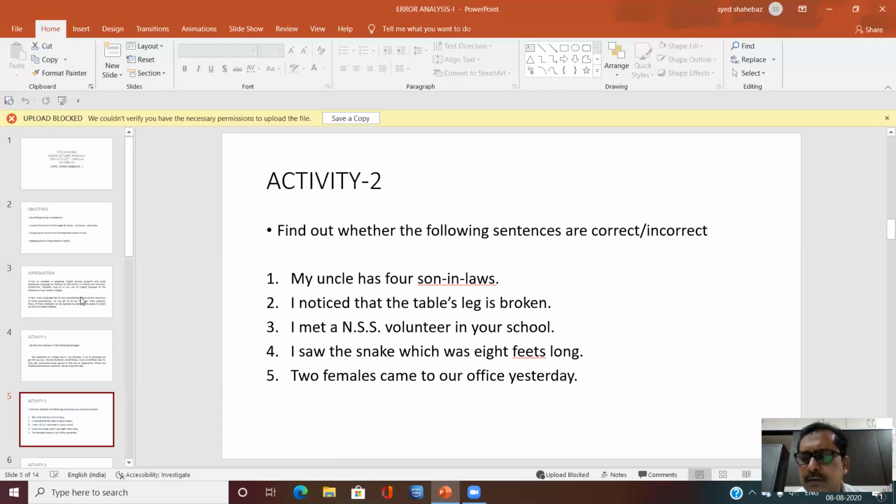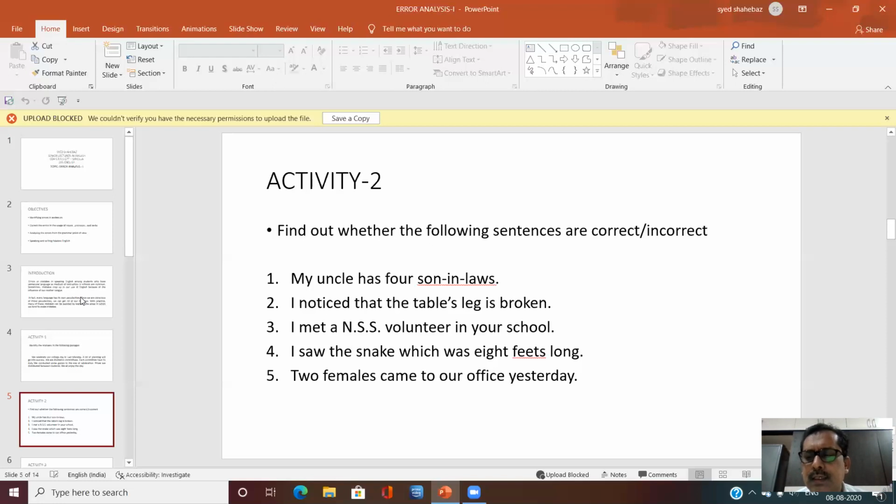While filling the application forms, in the column sex, we write male or female. So it directly refers to the gender. It is rude to use the word in this context. It is improper to use that word in this context. So the correct sentence is two women came to our office yesterday, or two ladies came to our office.